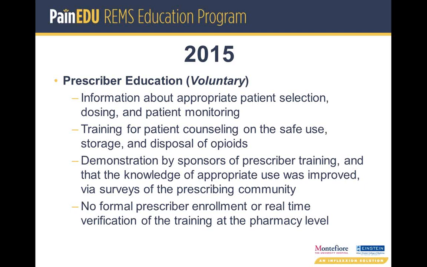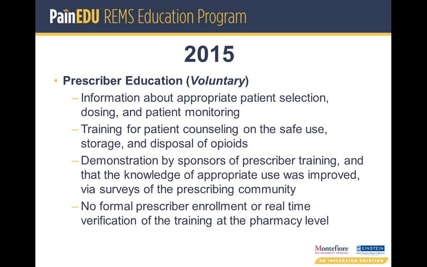But key pieces of the education include information about appropriate patient selection, dosing, and monitoring, training for patients, and counseling on the safe use, storage, and disposal of opioids, demonstration by sponsors of prescriber training, and that the knowledge of appropriate use was improved via surveys of the prescribing community.